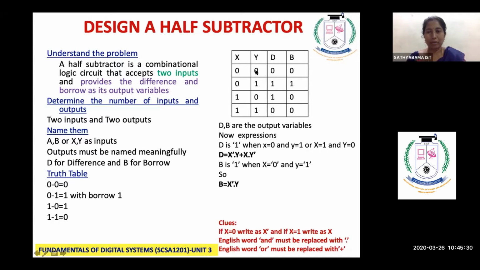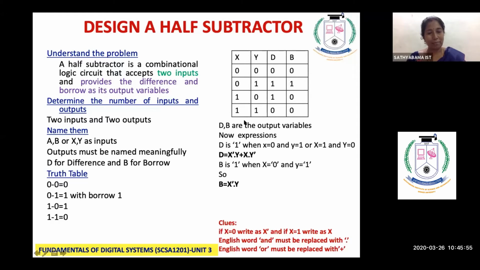So I said 0 minus 0 is what we have to copy from here. 0 minus 0, difference is 0 and the borrow is 0. 1 minus 0, difference is 1, borrow is 0. 1 minus 1, difference is 0, borrow is also 0. On the other hand, if it is 0 minus 1, so here a borrow is 1 and the difference is 1. Now we have all written a truth table.